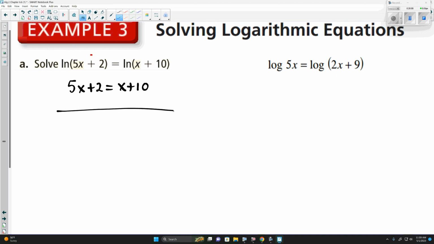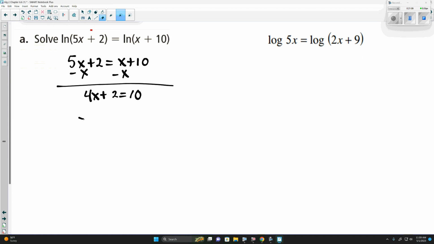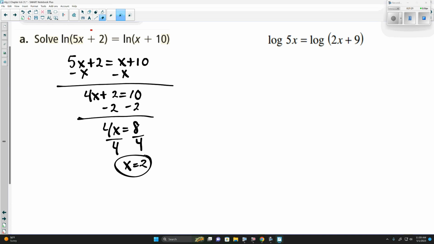Now we can solve for the value of x by subtracting x from both sides, telling us 4x plus 2 is equal to 10. 4x is equal to 8. x is equal to 2. Any questions on any of this here?